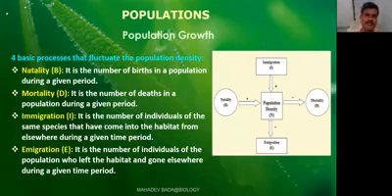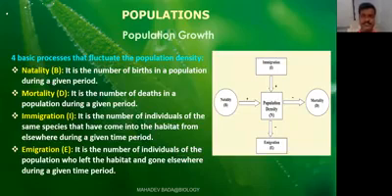There are four basic processes which affect the population density and are responsible for population growth or decline. They are natality, mortality, immigration, and emigration. These are the four factors that will influence whether the population is growing or declining.